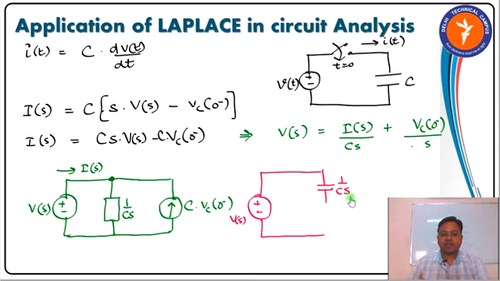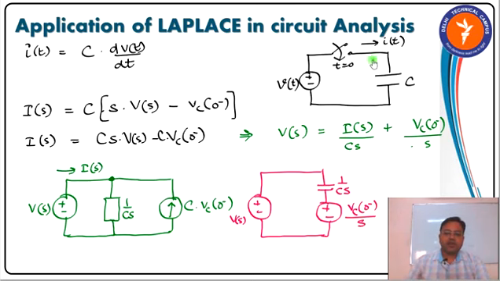That is 1 by Cs is the impedance, and it is connected in series with this voltage source. So there must be a voltage source connected in series with it. Now to take care of this positive sign, I should put a polarity of plus minus here, and the magnitude of this voltage source should be Vc(0-) divided by s.